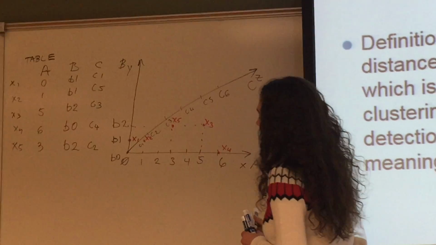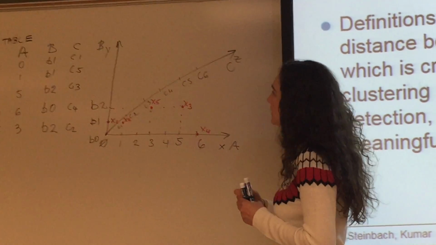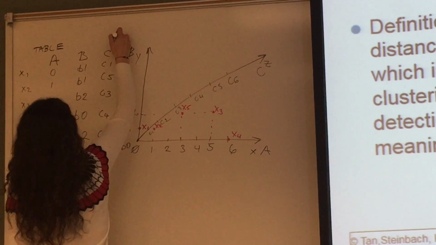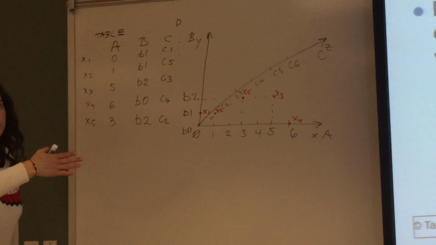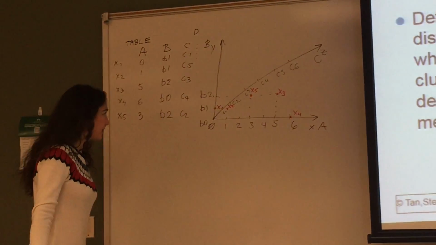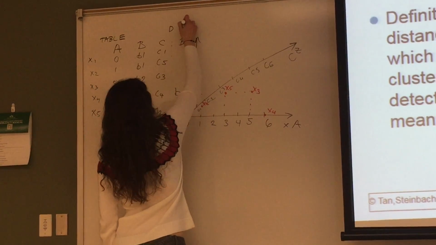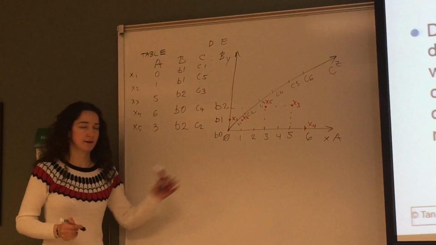If we have four-dimensional space, I can't draw it. If we have E, it'll be 5-dimensional space. Again, I can't draw it.